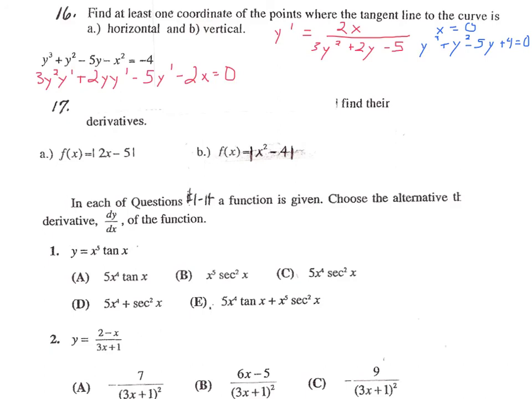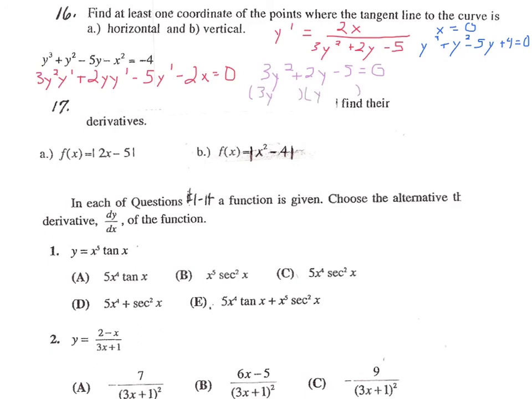Now we have to find where we're going to have a vertical tangent line. And that will occur when the derivative is undefined, or when the denominator equals 0. So we'll set the denominator equal to 0, and hopefully it is factorable.